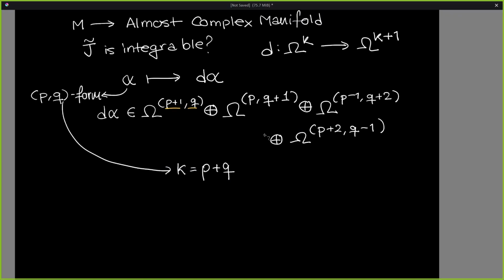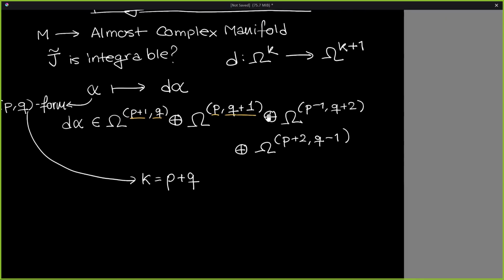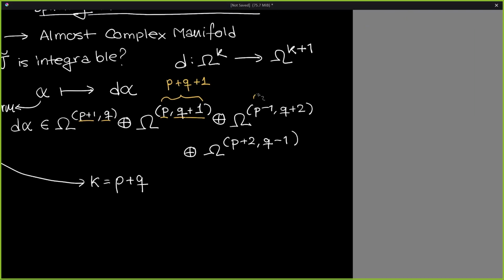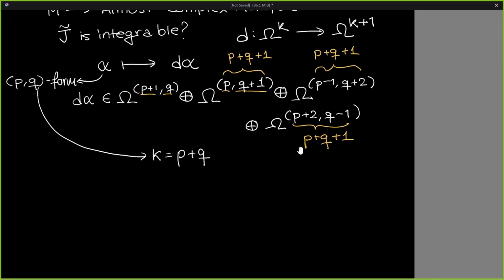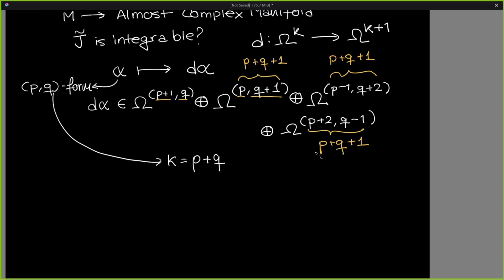So this also adds to p. Every sum has to be p plus q plus 1. And you can see this is also p plus q plus 1. This is also p plus q plus 1. But the interesting thing is that there are way more ways to make p plus q plus 1, especially if we're allowed to subtract as well as add.